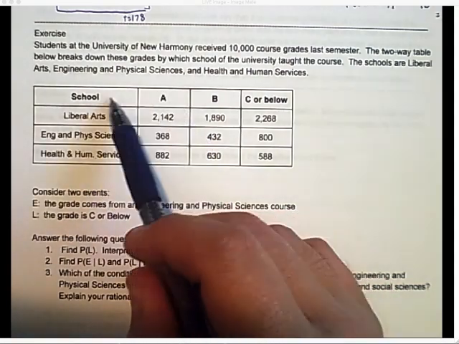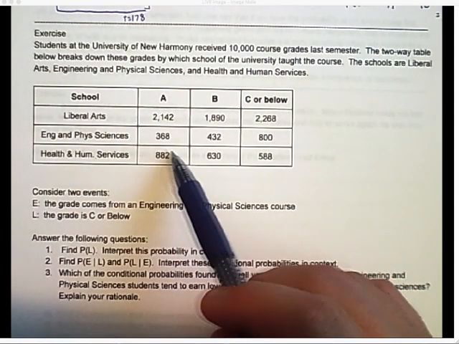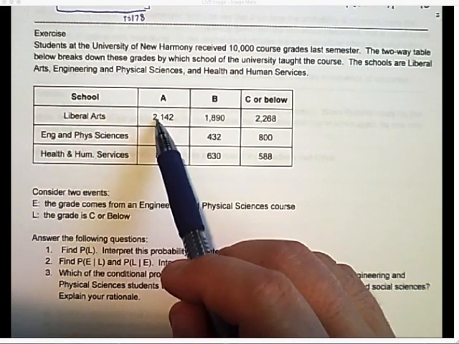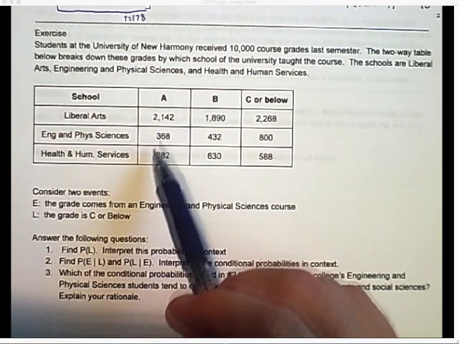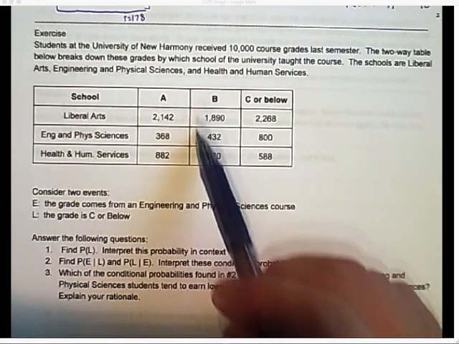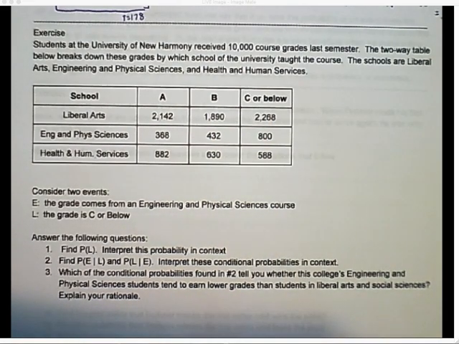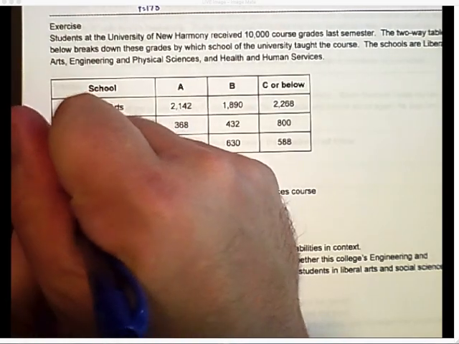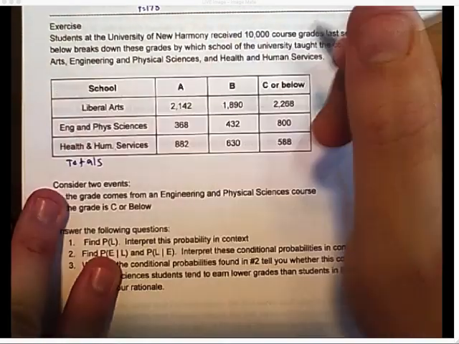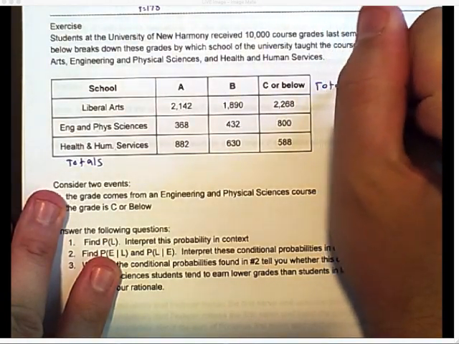So here are their grades: people that got an A in courses offered by this school, and this school, course grades of B, course grades of C or below. You know, and I know, that whenever we do a two-way table, it's important to make a totals column and a totals row.